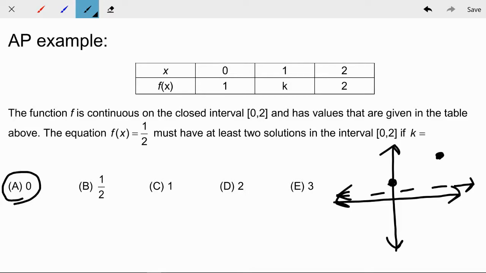If I have a point that's above that line, like if I choose something up here, obviously that's not going to work. If I have a point on that line, I'm only potentially going to touch it once. I could touch it more than once, but I'm not guaranteed to touch it twice. But if I put a point down here below the line, like 0, like they mentioned, now I know I had to cross over going down, and then going back up, I had to cross over that 1/2 line.